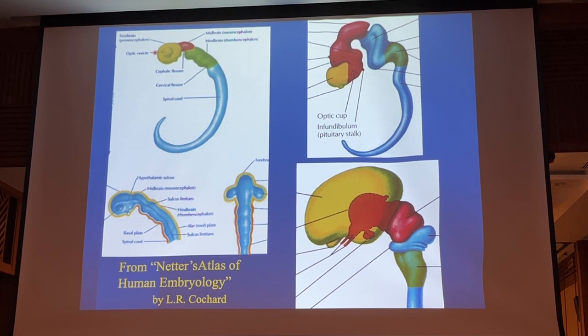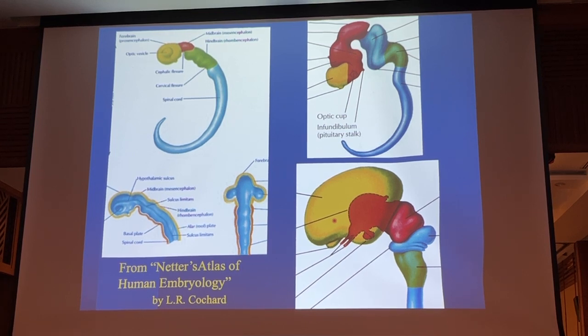The mesencephalon stays as it is, as the mesencephalon, and the rhombencephalon gives the cerebellum, which is called the metencephalon, and the medulla oblongata, which is the myelencephalon. So eventually, with the flexure and the development, the telencephalon and diencephalon become deeper structures.